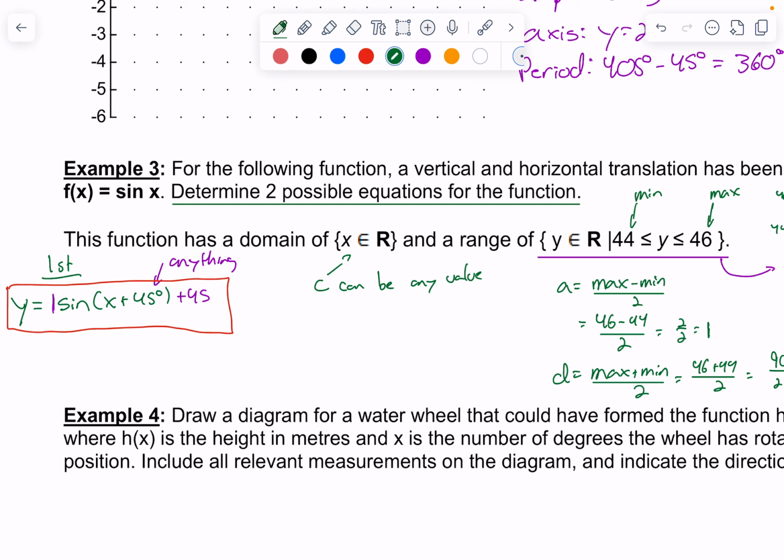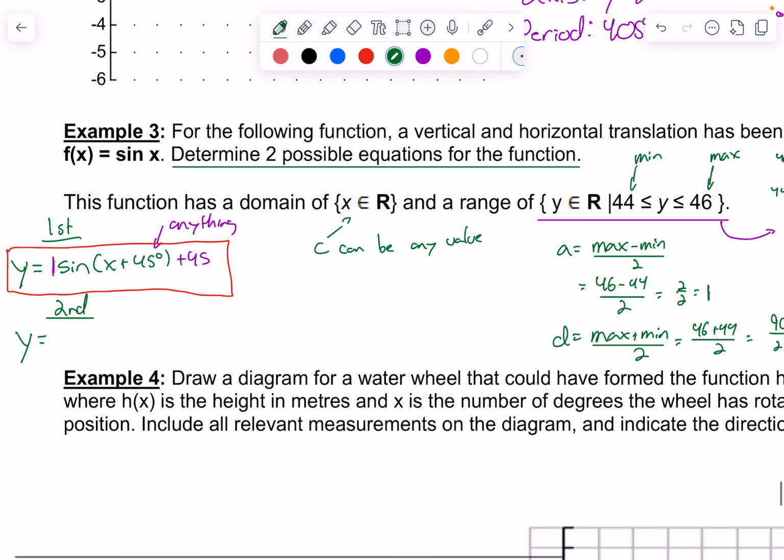Our second equation, again, C could be anything. And that A value, by the way, I could also make this negative 1, because the amplitude is 1, but I can still oscillate between 44 and 46. That would also be valid because you still have a distance of 1 there.